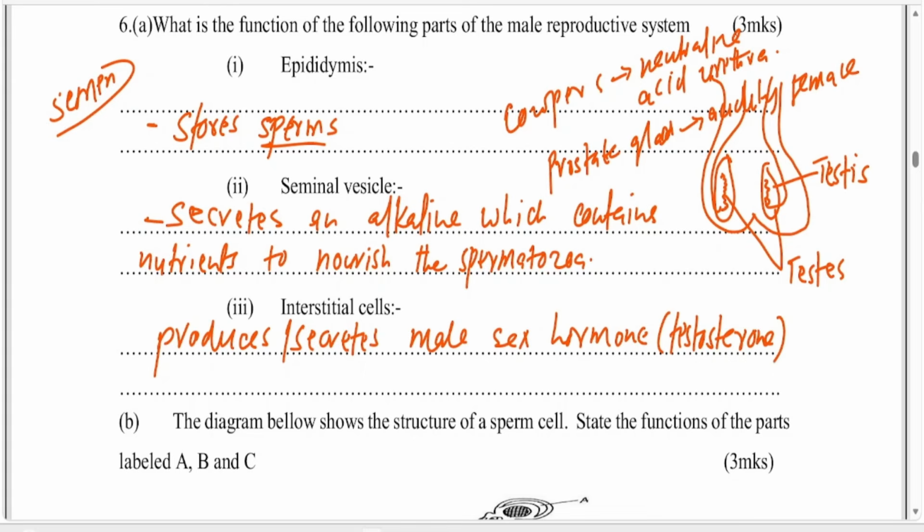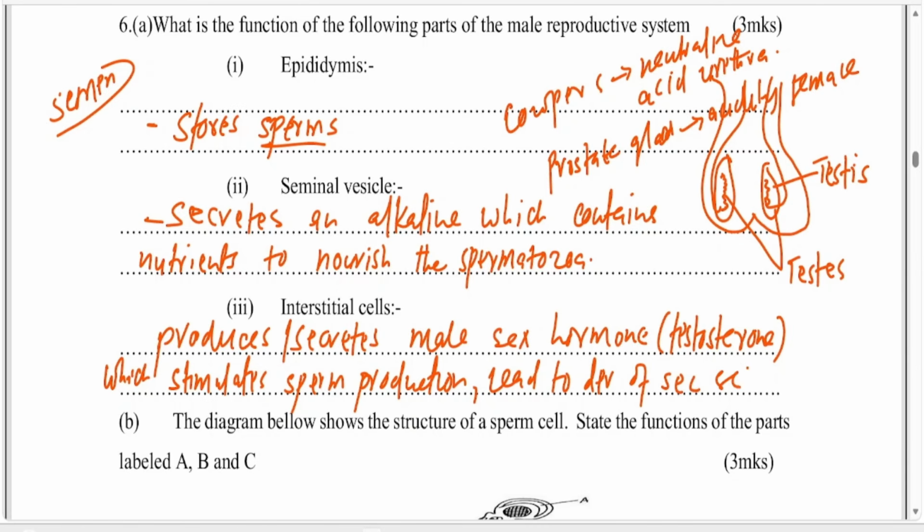This testosterone stimulates sperm production, and also leads to development of secondary sexual characteristics in males, like deepening or breaking of the voice, broadening of the chest, and other characteristics that occur in males.